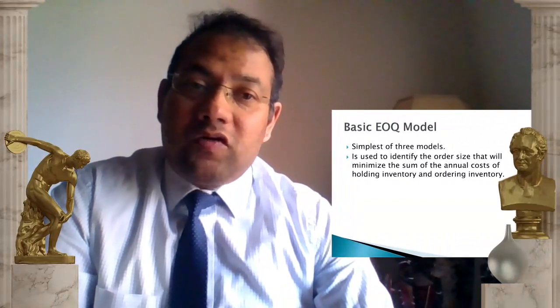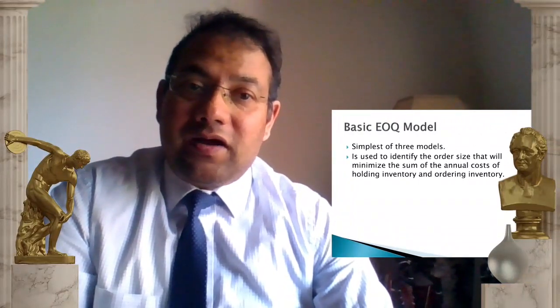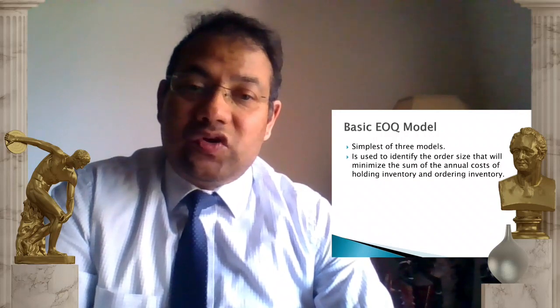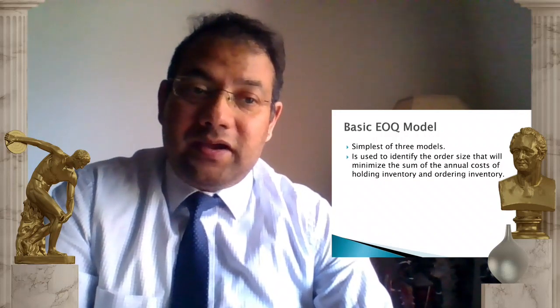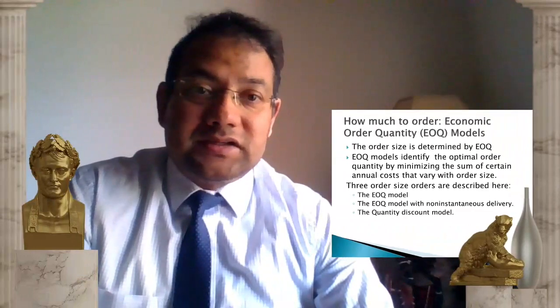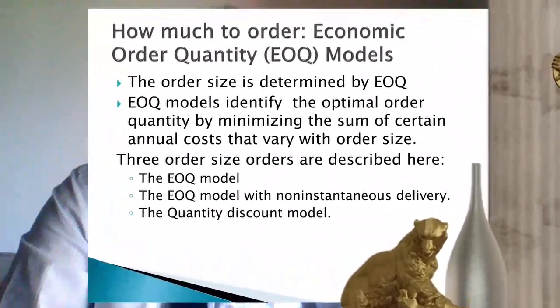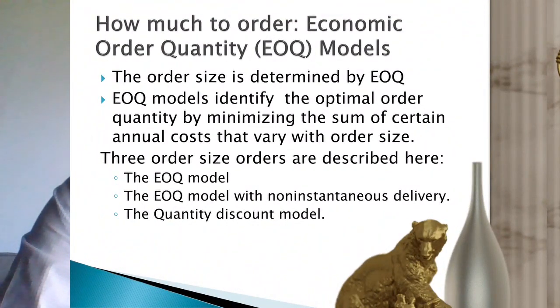So for how much to order, you have to have some basic EOQ model. If you go back here and I show you this slide, how much to order is based upon economic order quantity models. We can calculate it. Here we want to determine the order size, which is determined by EOQ.